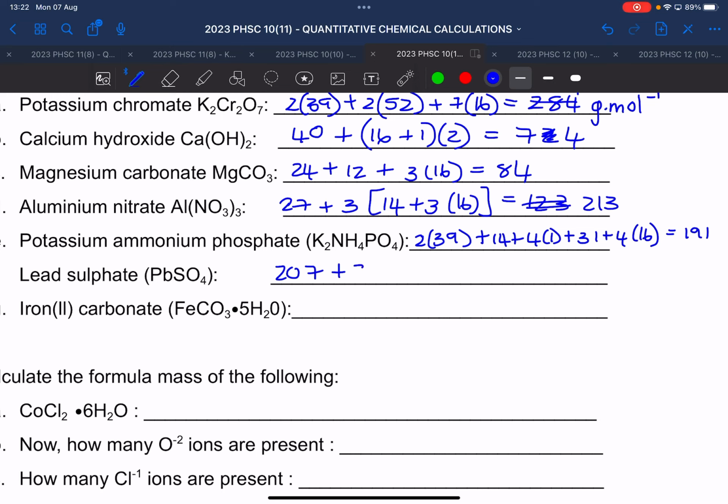Plus 2 plus 4 times 60 equals 303. Khali, next one. So then you're gonna say 56 plus 12 plus 3 bracket 60. And then what does that dot mean? Times. Don't listen to Hope. It means what?